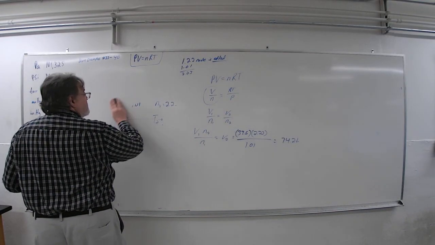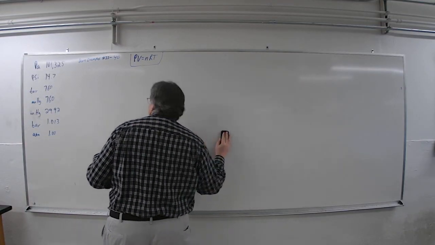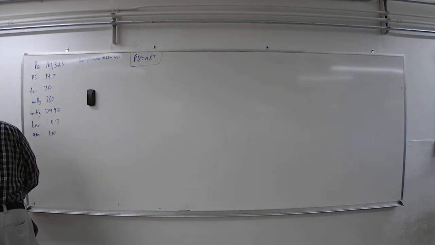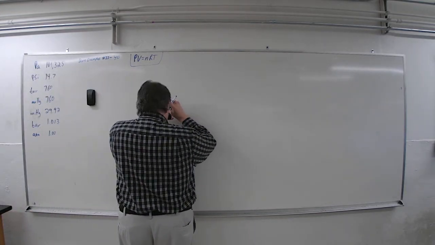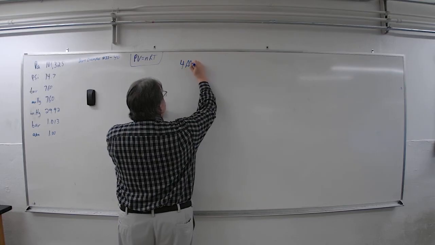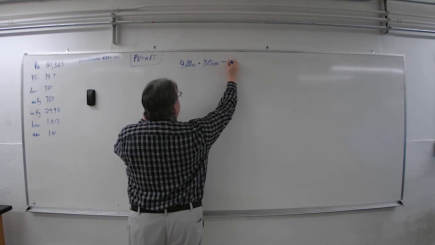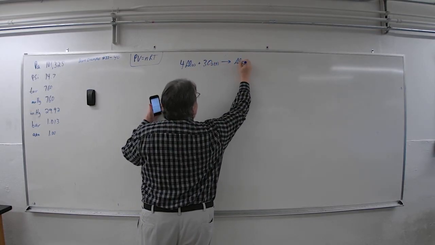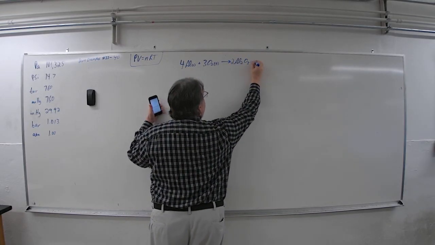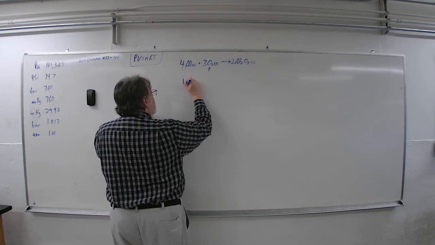So the first one is stoichiometry. This is a 2-step process. You're given an equation for this first one. The reaction is 4Al solid plus 3O2 gas makes 2Al2O3 solid.